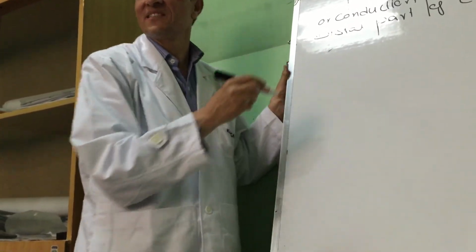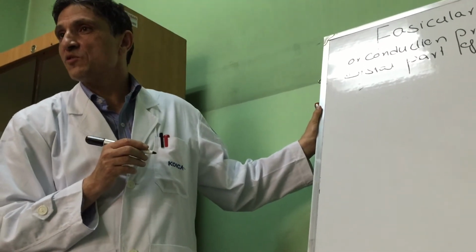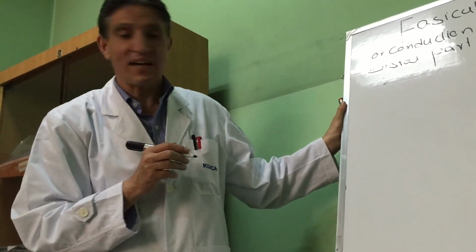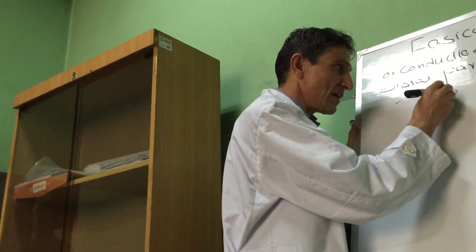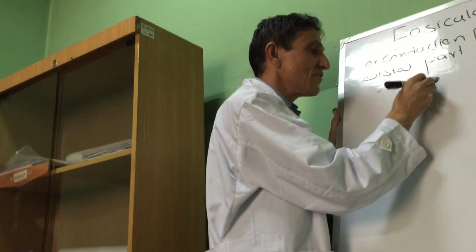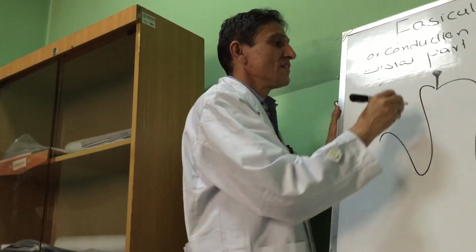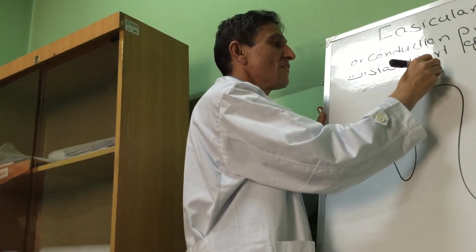Now I am repeating. Before discussing the fascicular block, it is very important to know the anatomy of the branches of the His bundle. Now, this is the AV node. This was the His bundle.